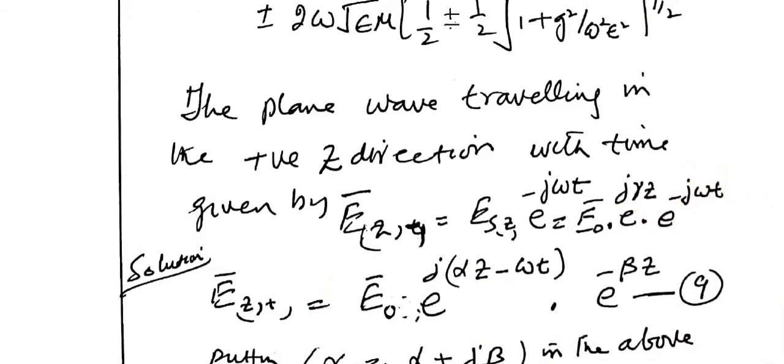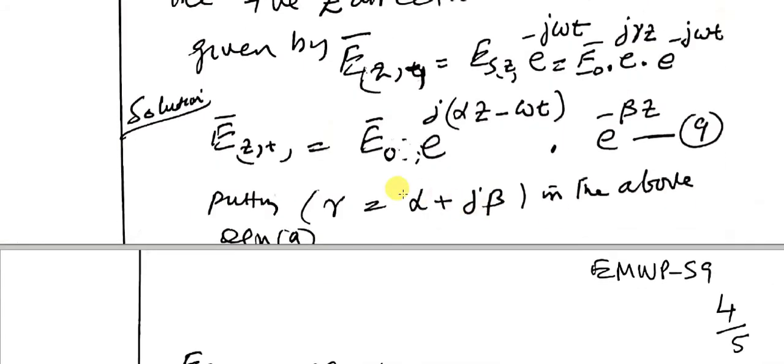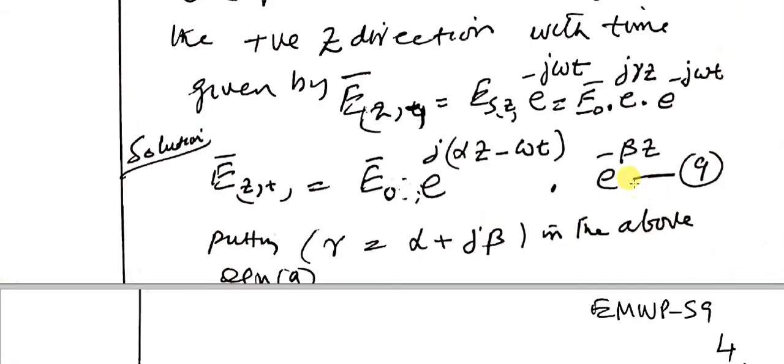We get E naught e to the power j times gamma, where gamma is alpha plus j beta.